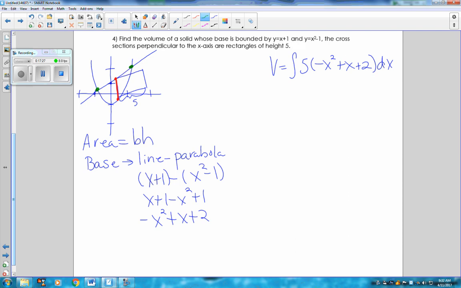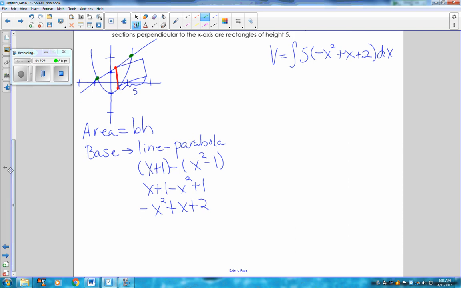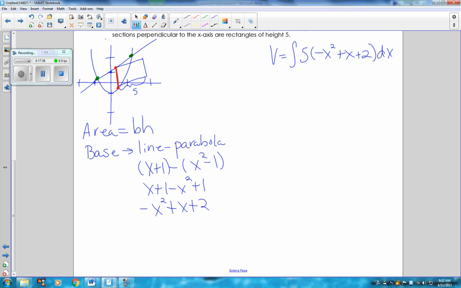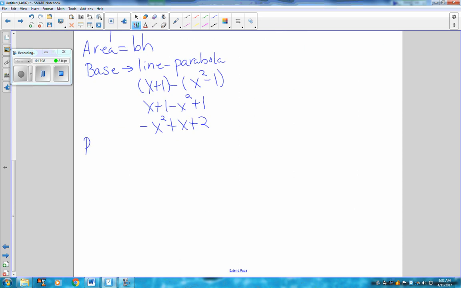Set them equal to each other. So I have x plus 1 and set it equal to x squared minus 1. What is this going to involve? Factoring. Good. Very good.